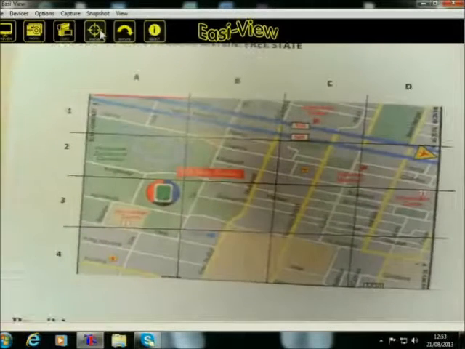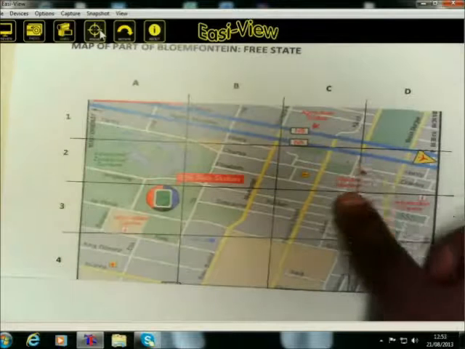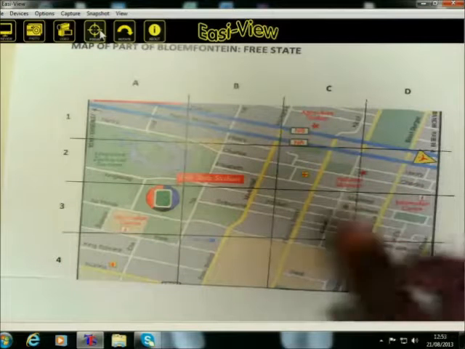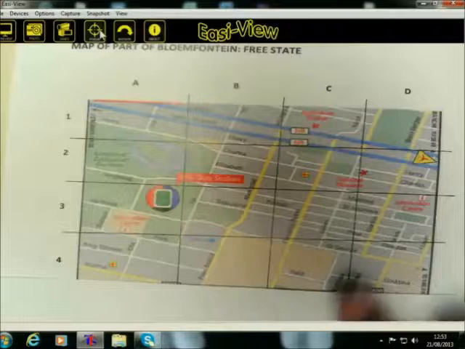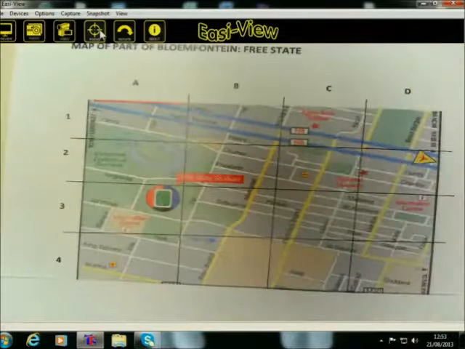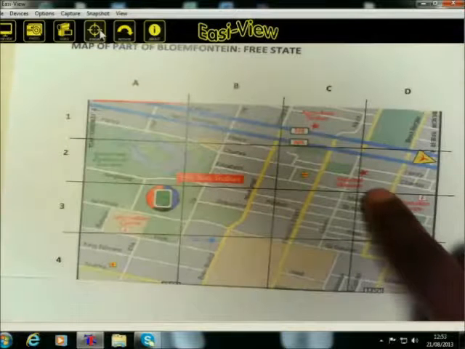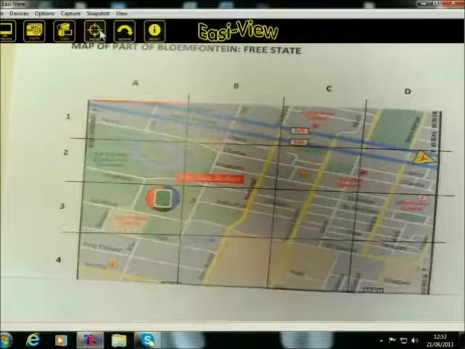Look at the map where the National Museum is. There is our National Museum. And the agriculture statue, there is our agriculture statue. So the question is saying you have to give the shortest route from the National Museum to the agriculture statue.